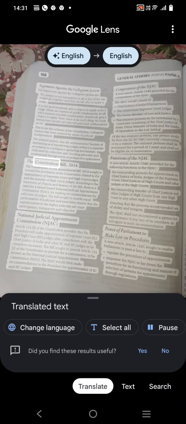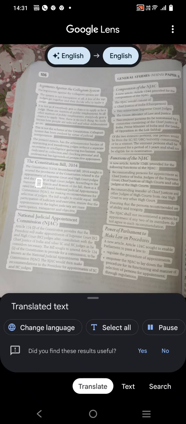The Constitution (121st Amendment) Bill, 2014 sought to amend the provisions of the Constitution related to the appointment of Supreme Court and High Court judges and the transfer of High Court judges.